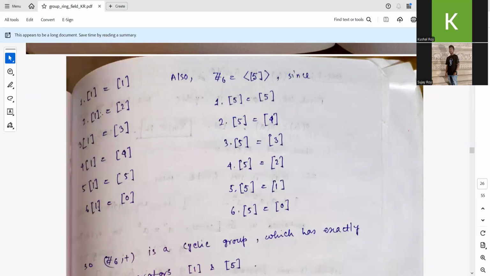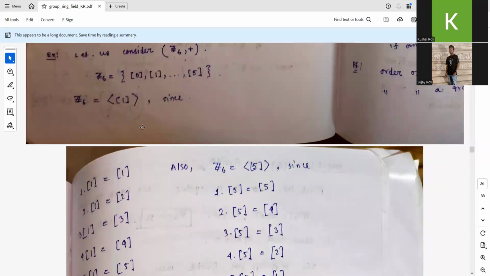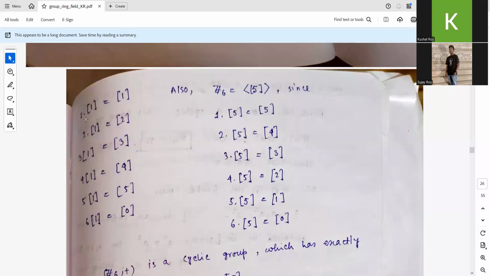So now we can know that this group is generated by this single element 1. How? Because 1 into this class 1 is 1, 2 into this class 1 is 2, 3 into this class 1 is 3, like this. So finally 6 into this 1, this will be 0.